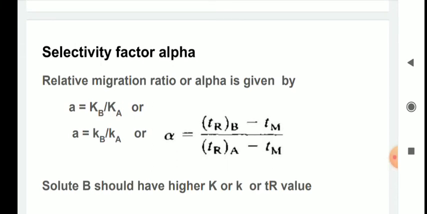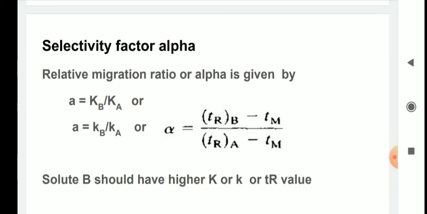Now selectivity factor, I've written here alpha is equal to Kb by Ka, where I'm talking of the bigger K, that is the distribution constant, and alpha is equal to kb upon ka, that is the retention factor of B upon retention factor of A. In this equation, you have to put the higher value in the numerator. By definition, the retention factor of the component which has the higher K value should be put in the numerator.